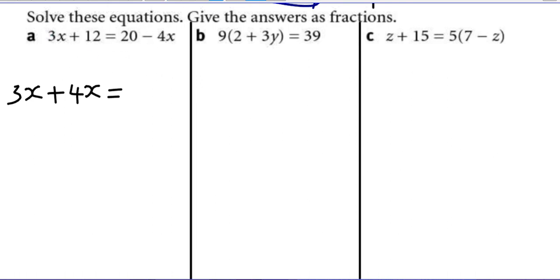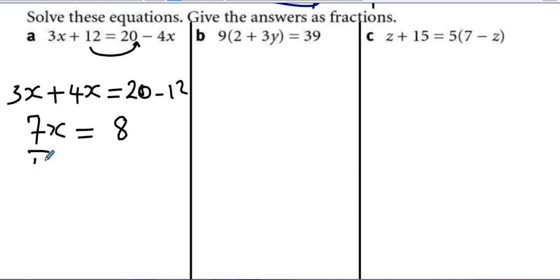then we have 20 over here minus 12. So 20 minus 12, this will be 3x plus 4x is 7x equals 20 minus 12, that will be equal to 8.